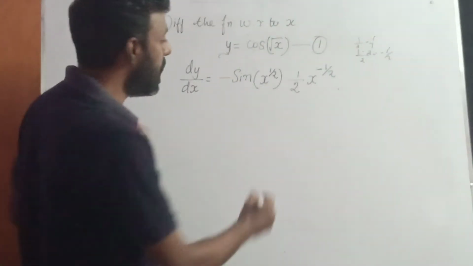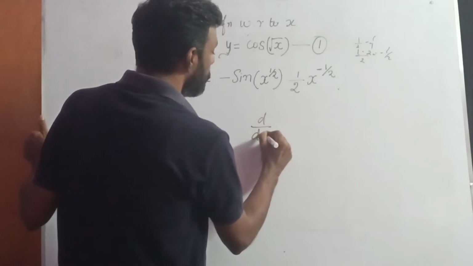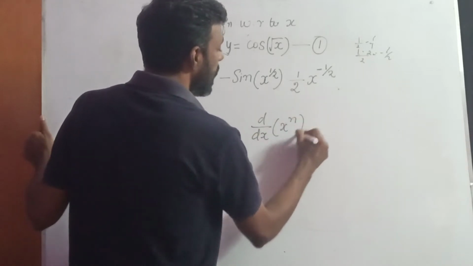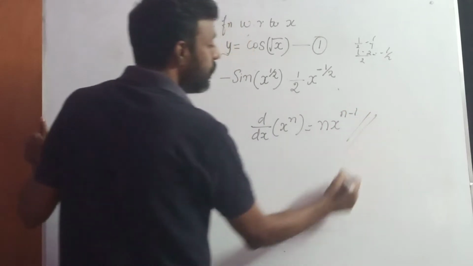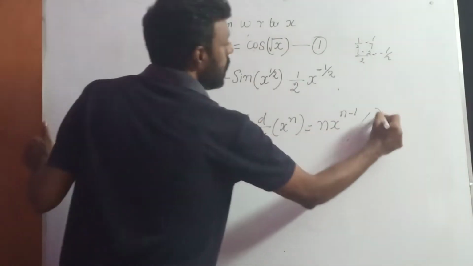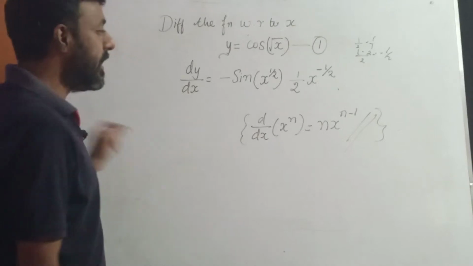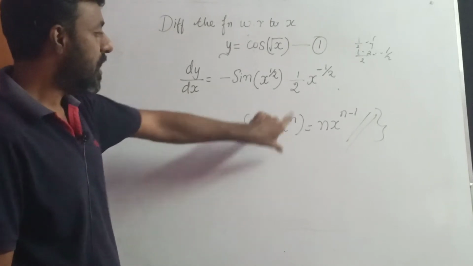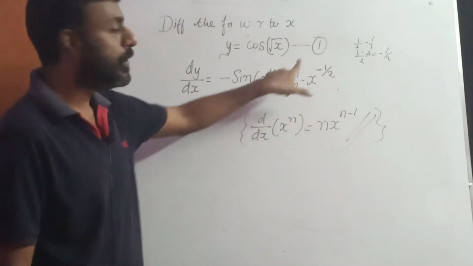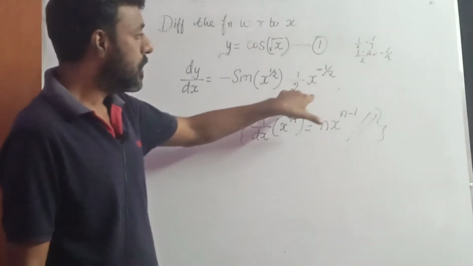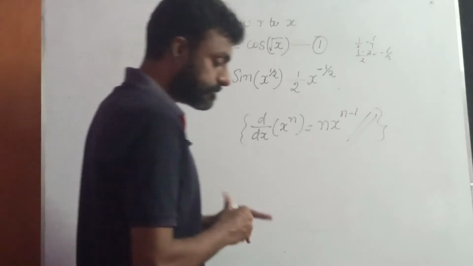I am using d by dx of x power n, which is nothing but n into x to the power n minus 1. This is the general form: if you want to differentiate x power n, this is the result. So based on this, I have arrived at this solution, right?